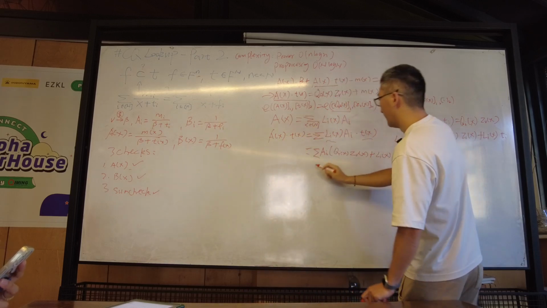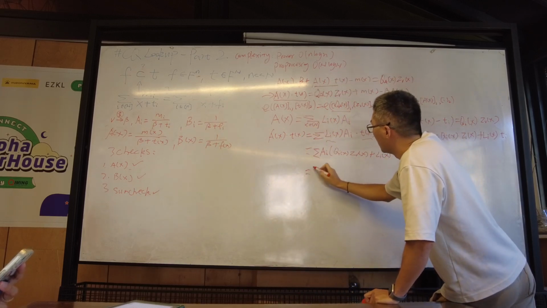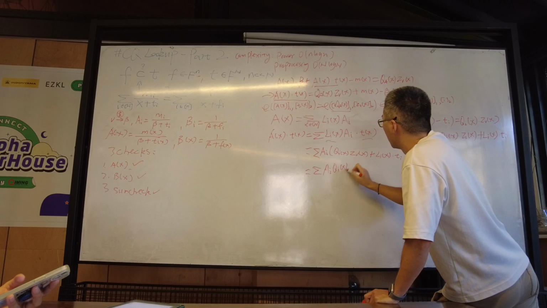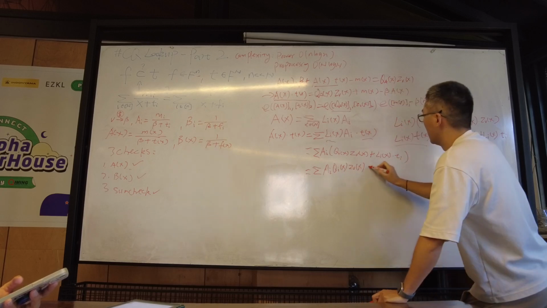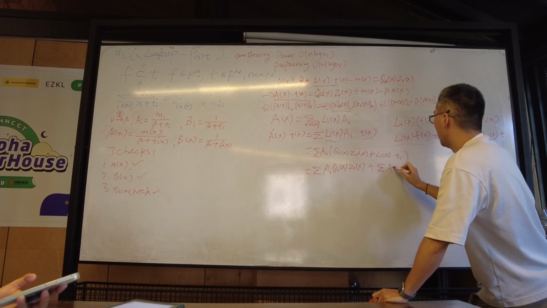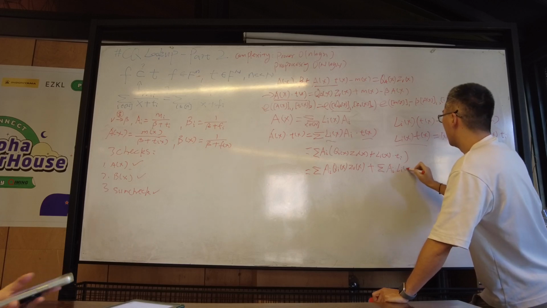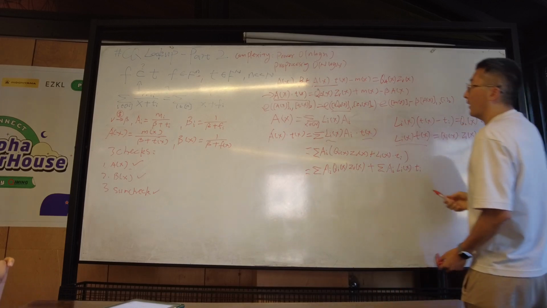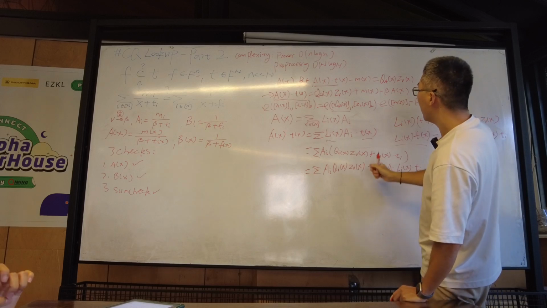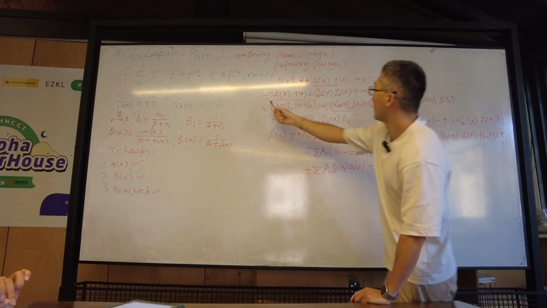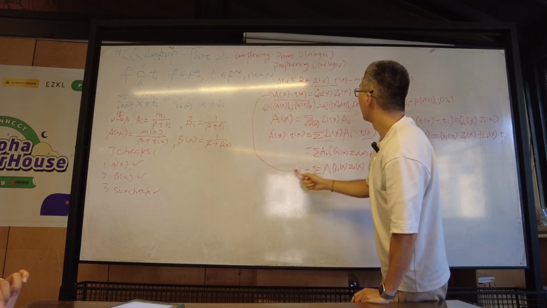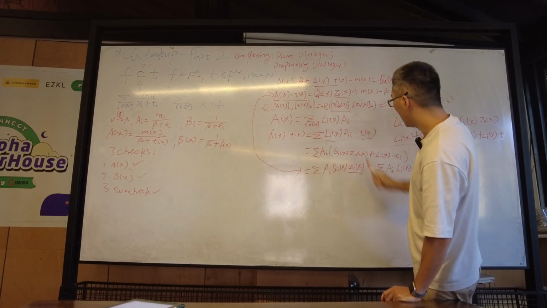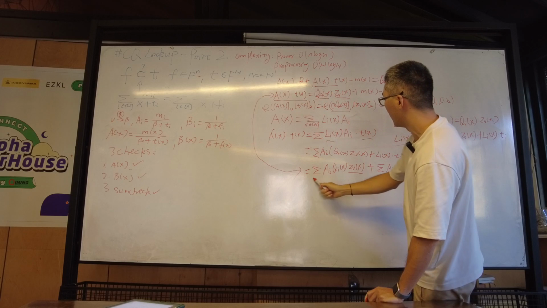Continue to do the calculation: Ai Qi(x) Zv(x), Ai Li(x) Ti. If we compare this one with this one, you will see that this is Zv(x), this is Zv(x). So we can say that Qa(x) will be this one.